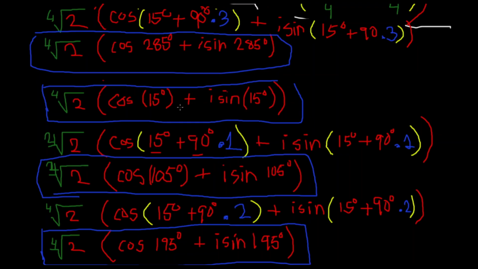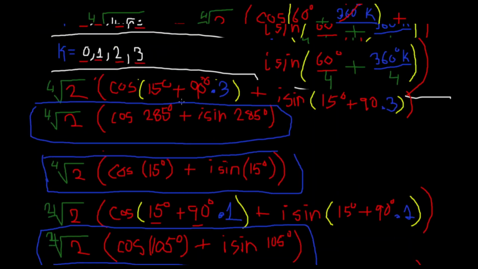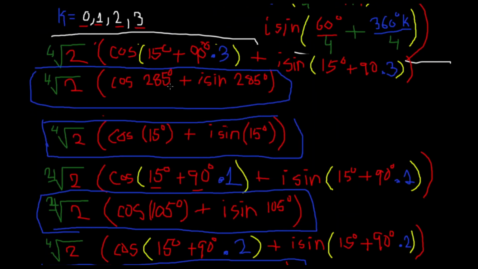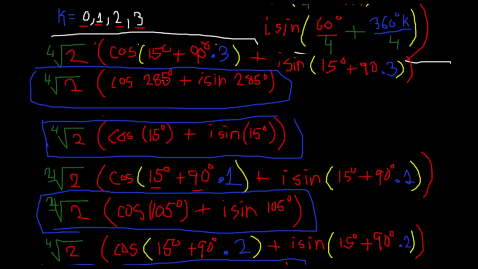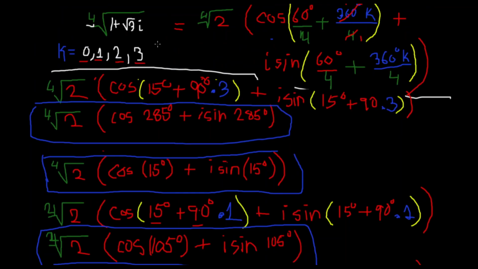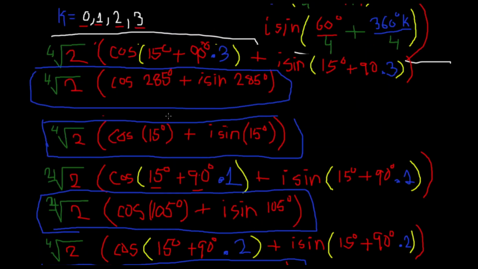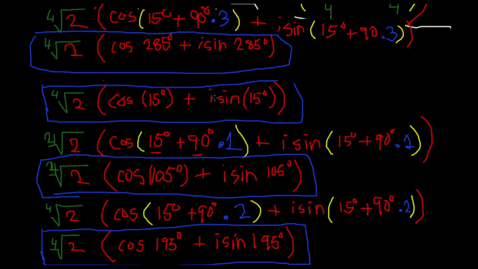I know this is tedious, but if you notice, we're just adding the theta by 90 degrees. That's all we are doing. So if you keep doing more of these problems, you'll get the hang of it and you'll see some patterns. So it won't be as tedious as I did.